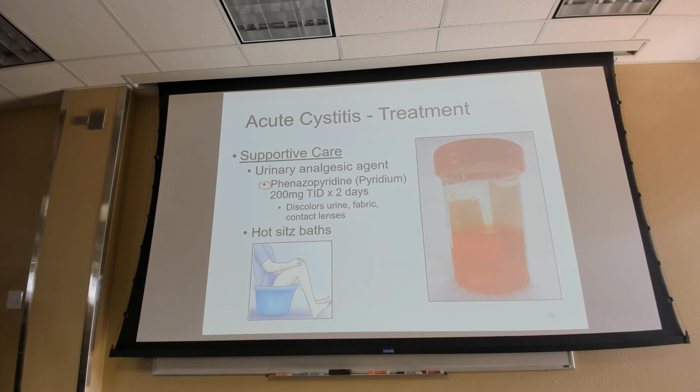So you need to tell them that, or else they're in for an unpleasant surprise, and they will come back to you thinking that they now have gross hematuria. Okay, because when you're looking in the toilet and it's your urine, telling the difference between orange and red is spurious at best. So just tell them, expect this to happen, all right? But it coats the mucosa of the genitourinary tract and helps relieve some of that irritation from that infected urine, all right?